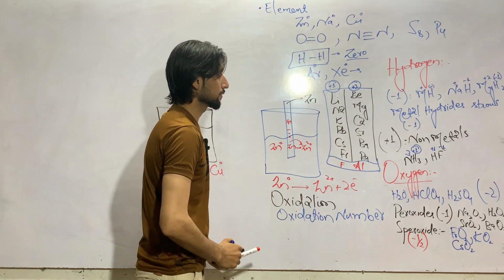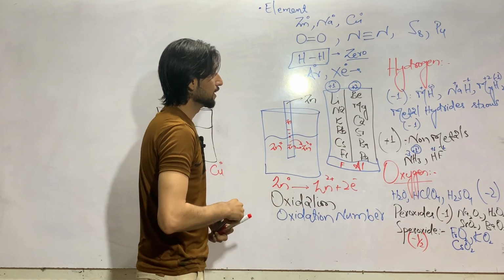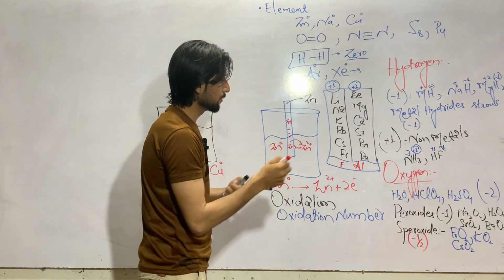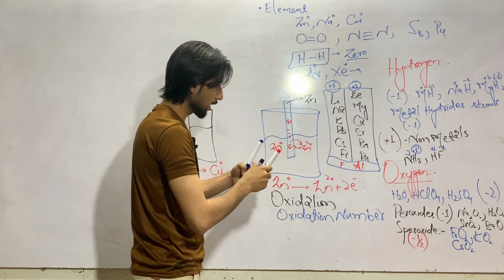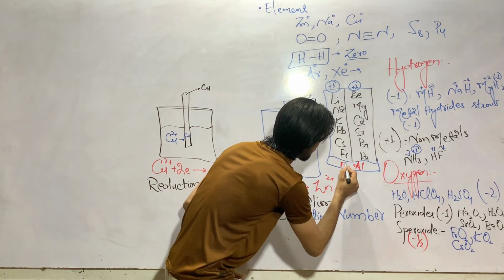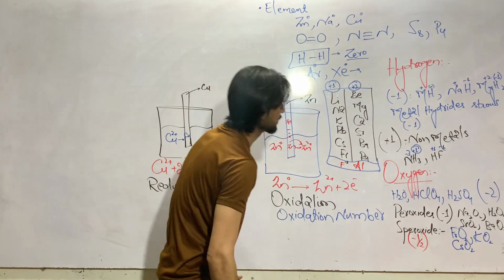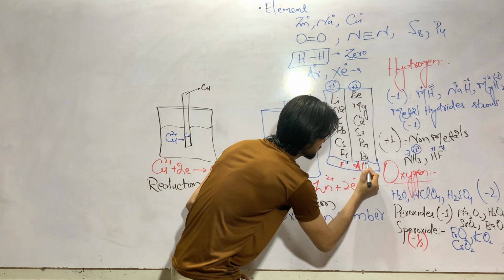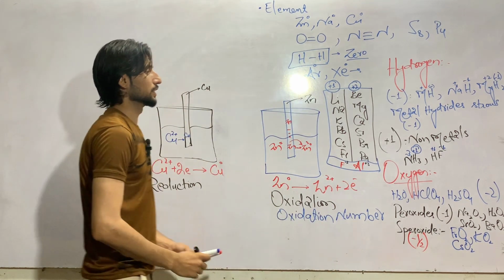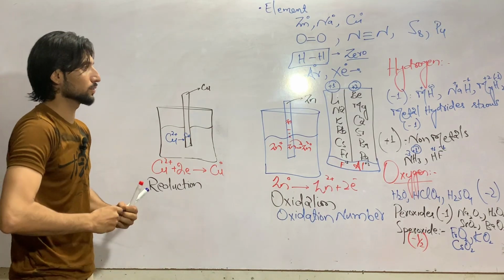What about fluorine? What about aluminium? Fluorine will be in -1 oxidation state and aluminum will be in +3 oxidation state in all its compounds.